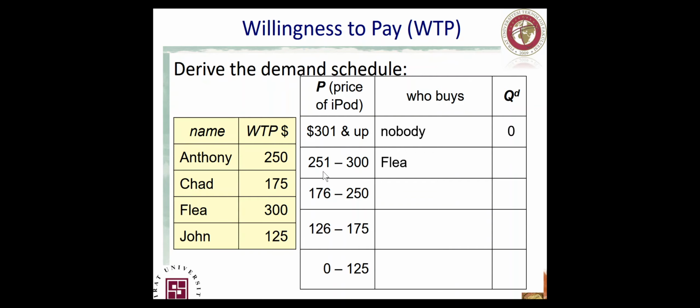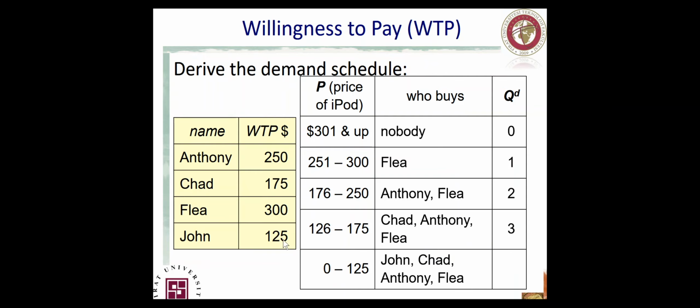Here we have only one person interested and willing to pay, so the quantity demanded is 1. Apply it to the next, the third highest, 175. So 176 to 200, we will have 2, Anthony and Flea, and it goes along like this. If you apply 126, we will have these 3: Chad, Anthony, and Flea.